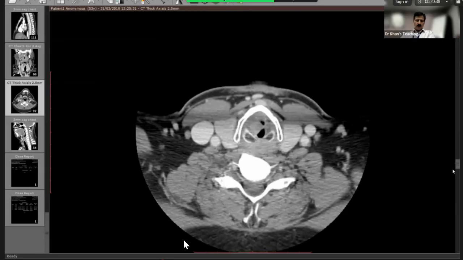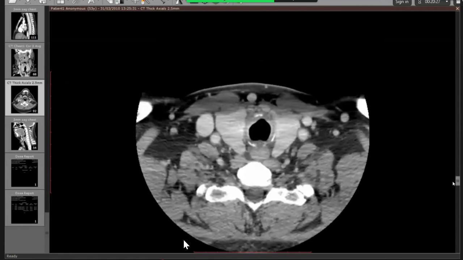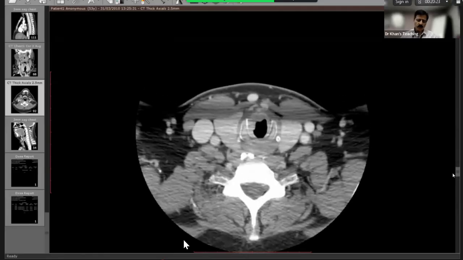Continue. Yes, it is involving because I can see that it is causing airway narrowing on the right side. So in conclusion, it is a transglottic mass which is involving the glottis, extending supra and infraglottically.